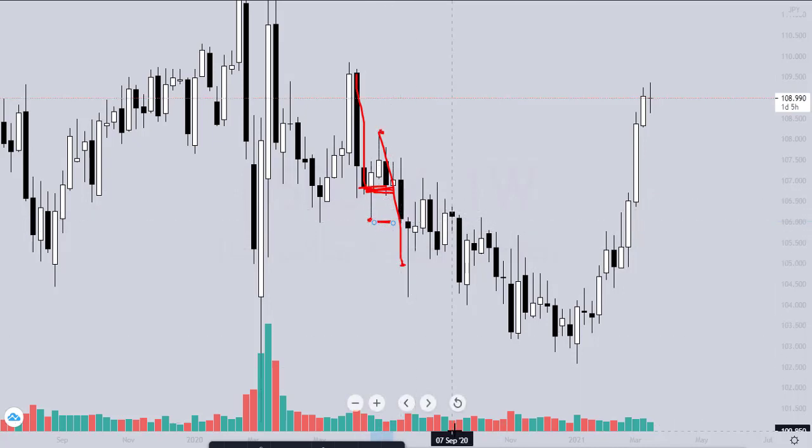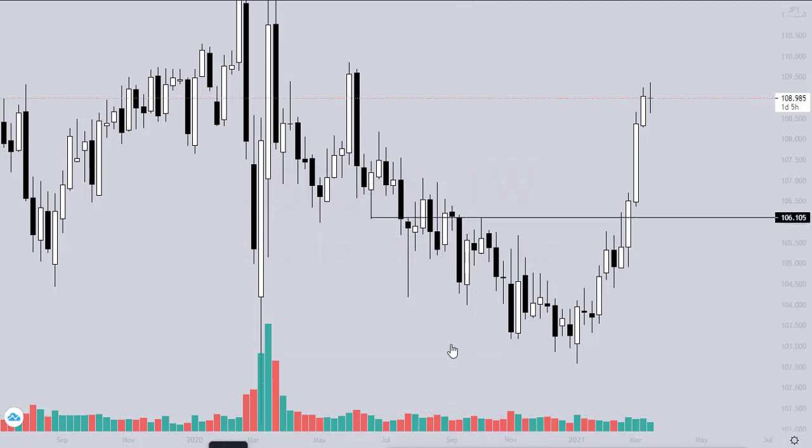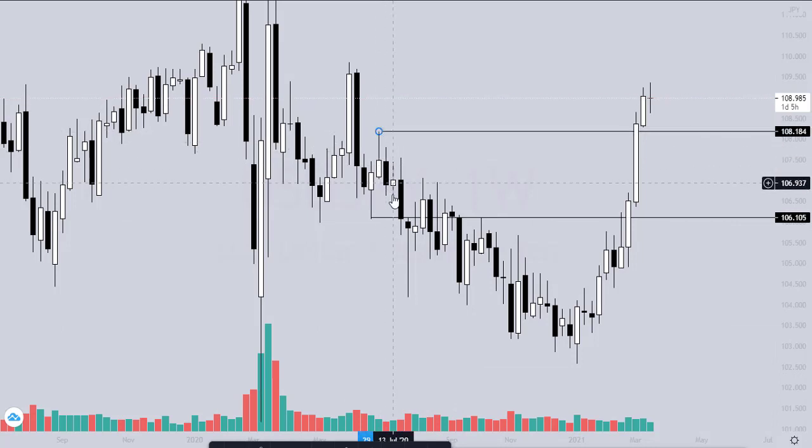So we are going to focus on this. This is a broken range. This is a broken range. Once this range is broken, market will start retracing.